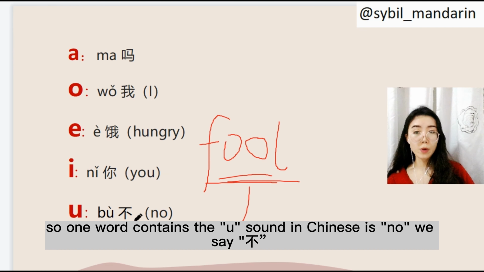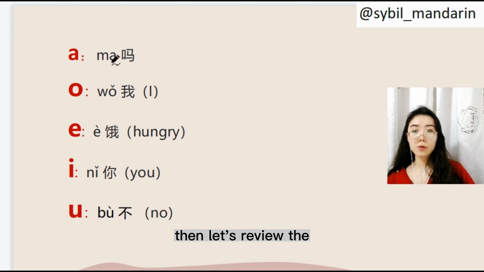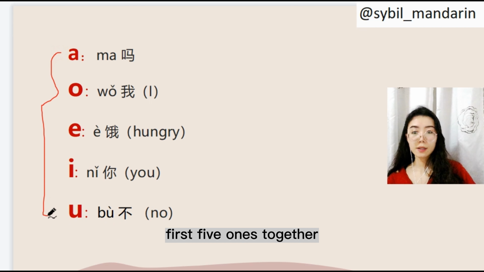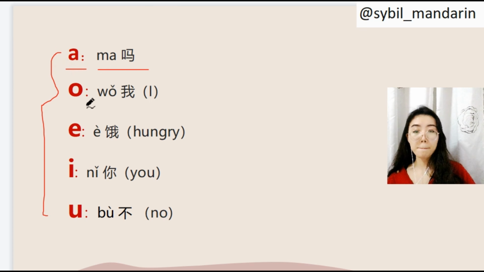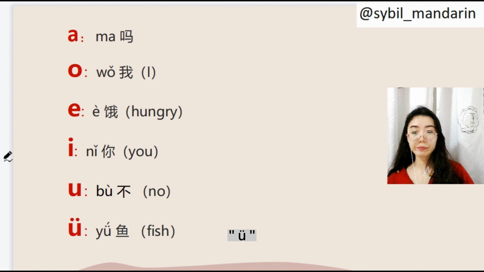One word containing the oo sound in Chinese is no. We say bù. And let's review the first 5 together. 啊妈哦我一你乌不.